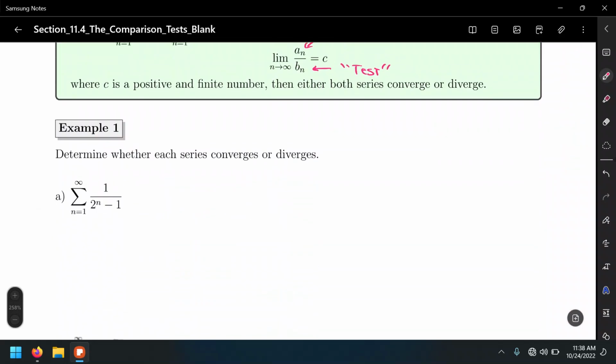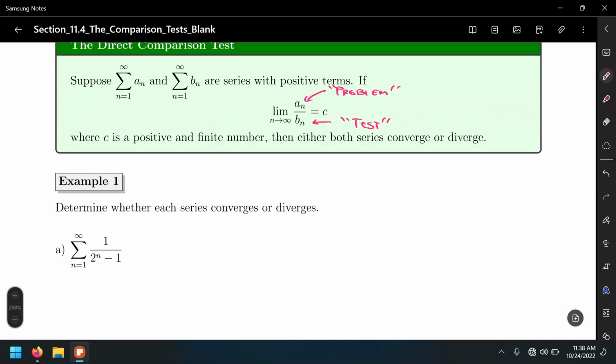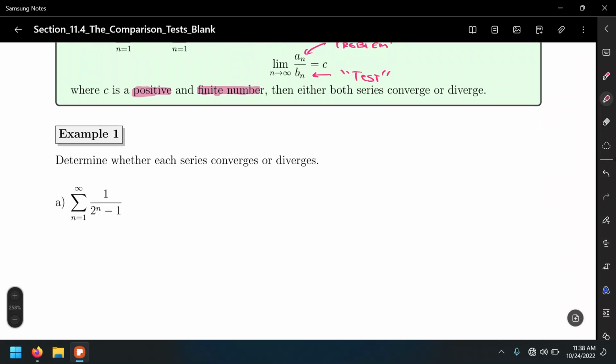Alright? So, and in this case, based on the final answer to the limit, number one, so two requisites. Number one, if it's a positive value and a finite number, then our original series will do exactly whatever the test series does, which in this case is either converge or diverge depending on what we get for the series.